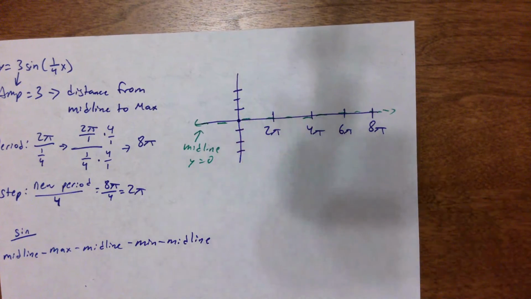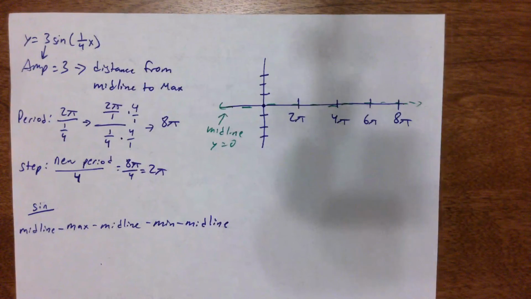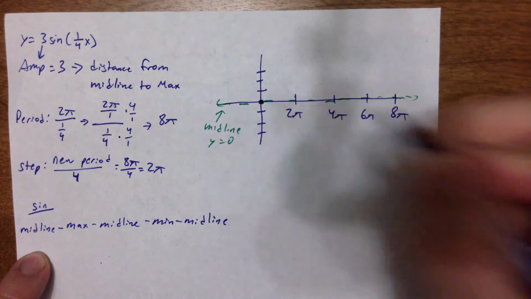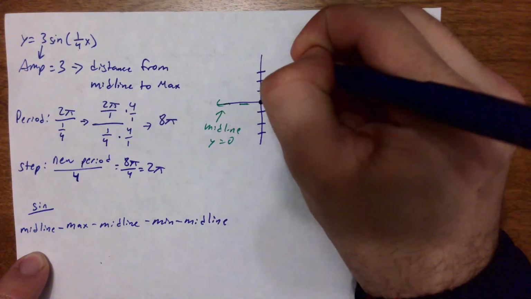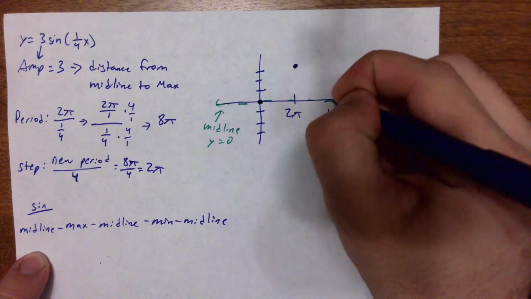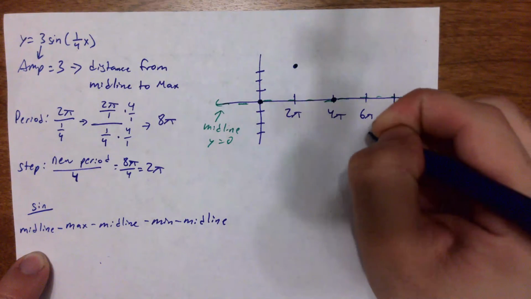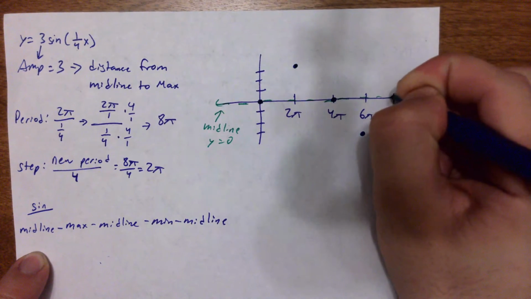That's the max and min. So now, start graphing. Sine, again, it starts at the midline to the maximum, back to the midline, to the minimum, back up to the midline.